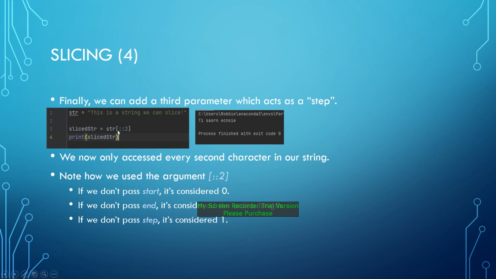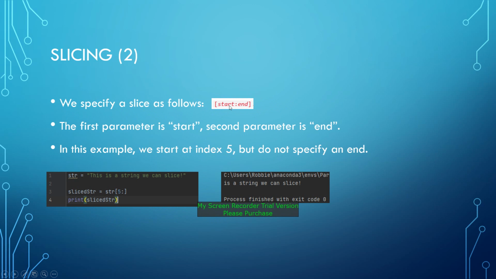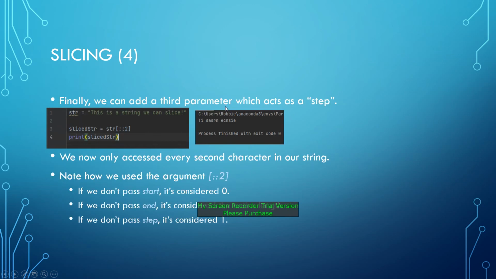You'll notice I left the first 2 blank, but it is not necessary. If we leave an argument blank, then Python automatically inputs a default. If we don't pass a start, it's considered 0, meaning we start at the beginning.